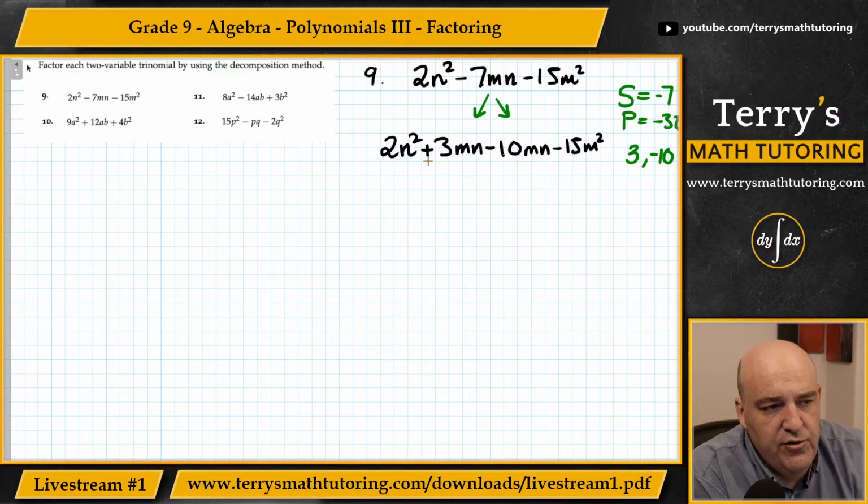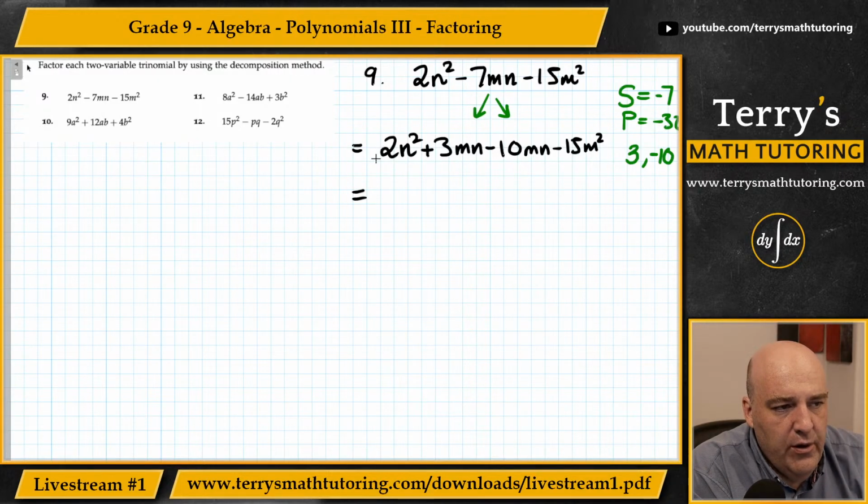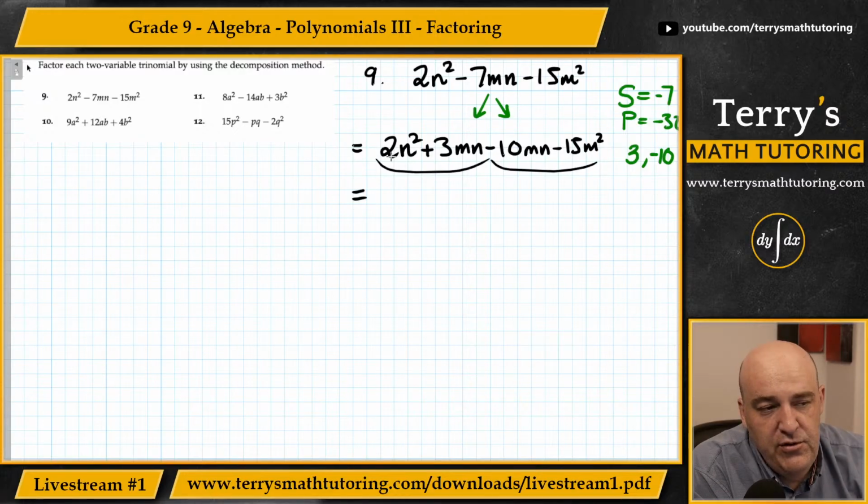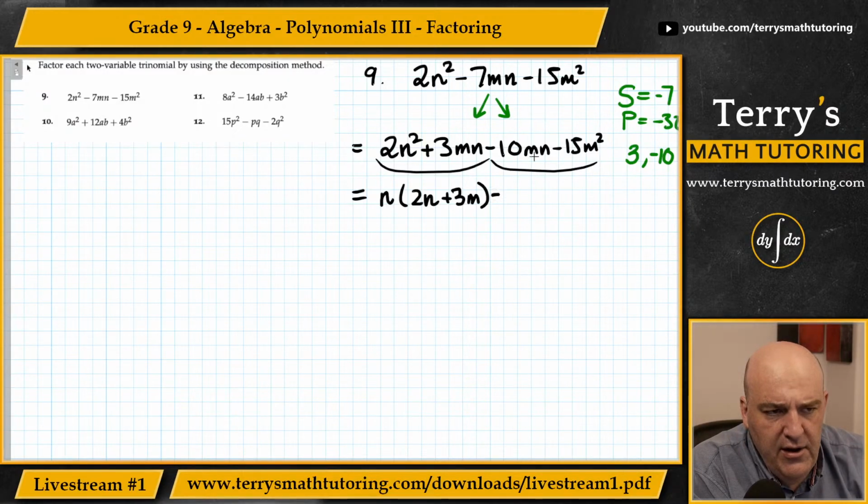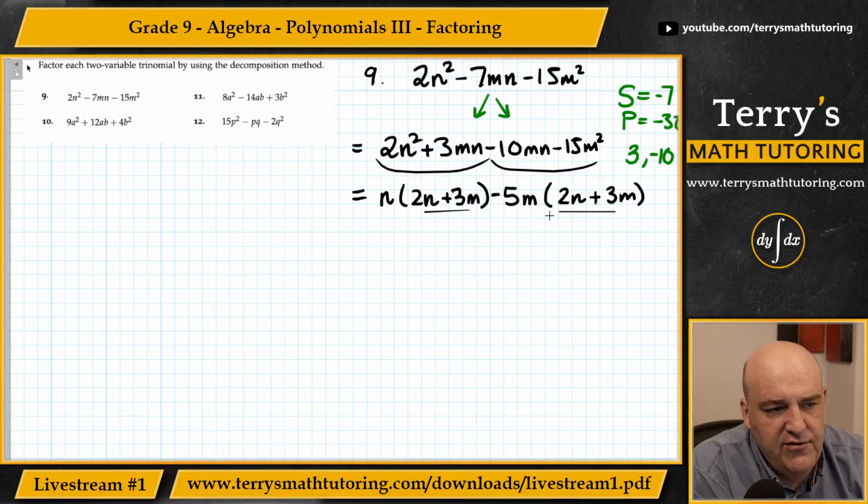And then we use grouping. What's common here? Nothing common between 2 and 3, but we can pull out an n. And then we get 2n plus 3m. There's a minus sign here, so I know there's a minus sign there. And I can take out a 5m. And then I get 2n plus 3m. And I notice now that these are the same, okay?